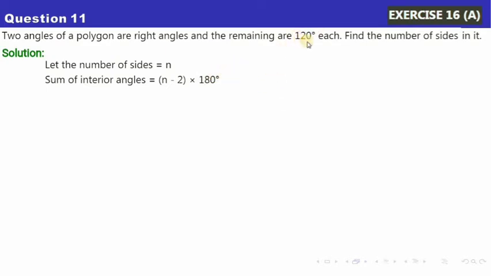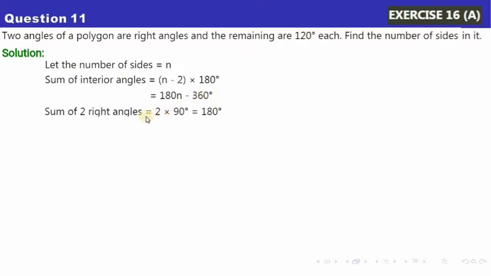One is 120 degrees, and we don't know how many there are. The other is 90 degrees, and there are two 90 degrees. If you open this, 180 into n is 180n, and 2 into 180 is 360 degrees. I hope till here it's clear.